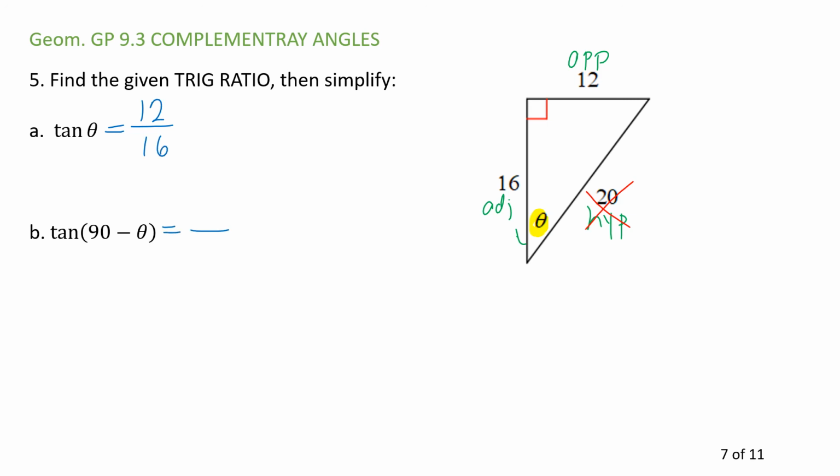What happens when you move to the other corner? This angle, I'm not going to call it theta, I'm going to call it 90 minus theta because, again, if that's 35 degrees, that's 55 degrees. Well, if you're standing at this corner, the hypotenuse stays the same. This becomes the opposite side, and this, because it's attached, is now the adjacent side. They just reverse. So the tangent of the other corner is 16 over 12.